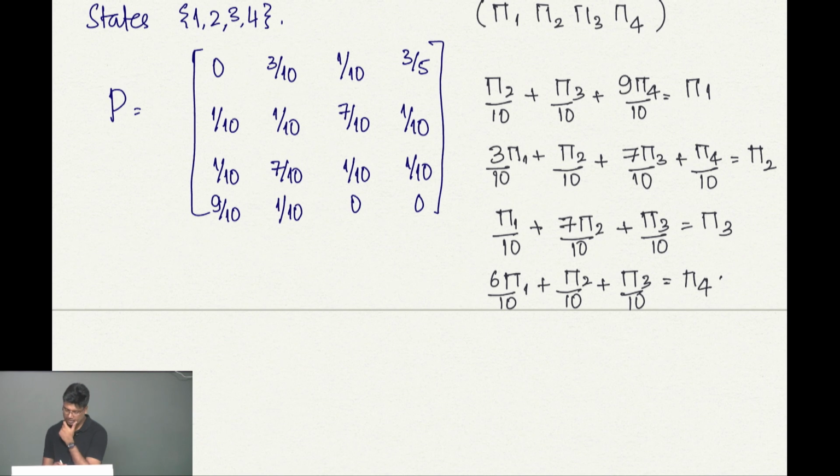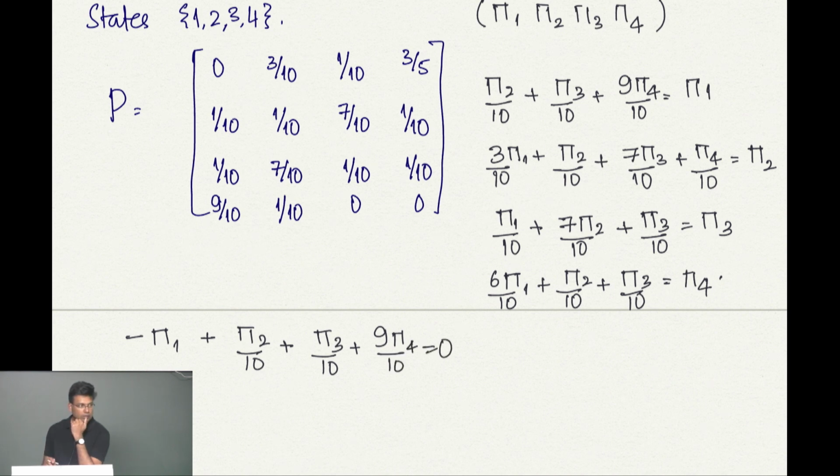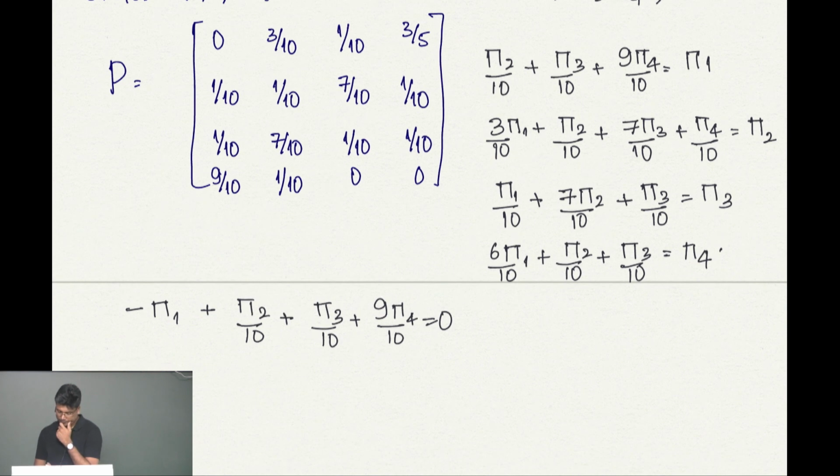So the other way to write these things is I have minus pi 1 plus pi 2 by 10 plus pi 3 by 10, right?